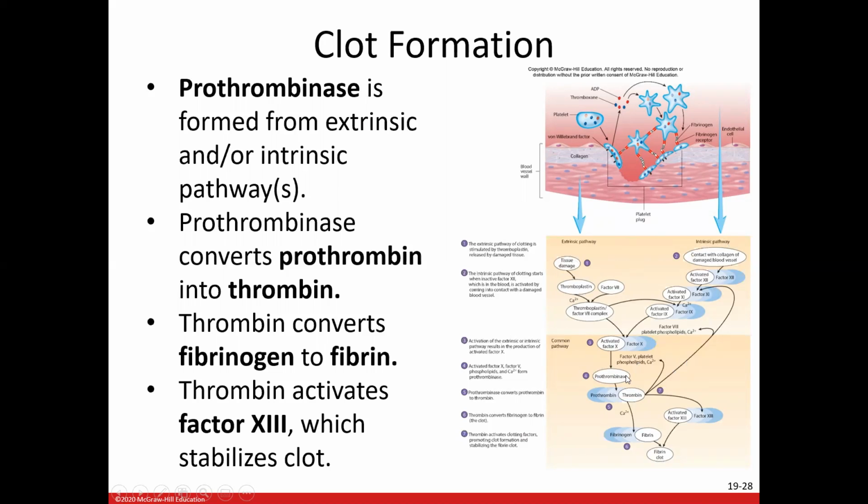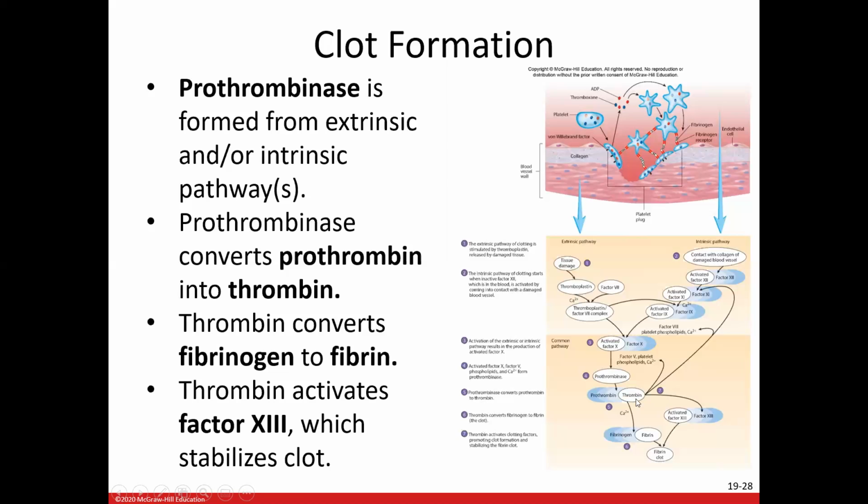So from there, once we have prothrombinase created, ultimately that will act as a catalyst to convert prothrombin into thrombin. And the idea is that once prothrombinase converts prothrombin into thrombin, thrombin has two special roles.